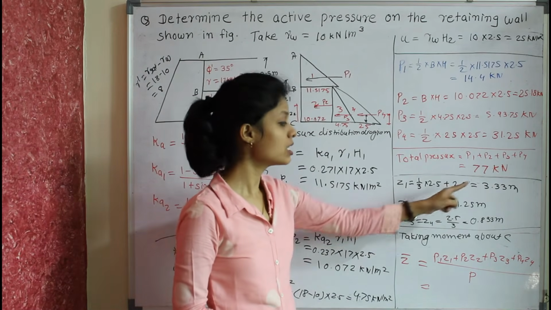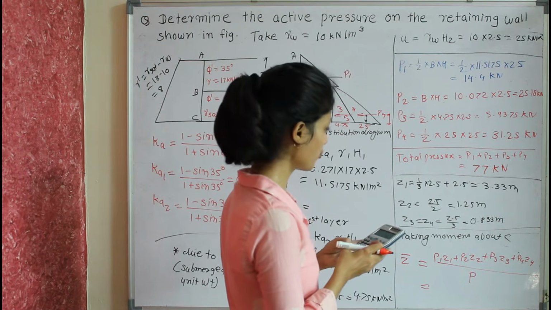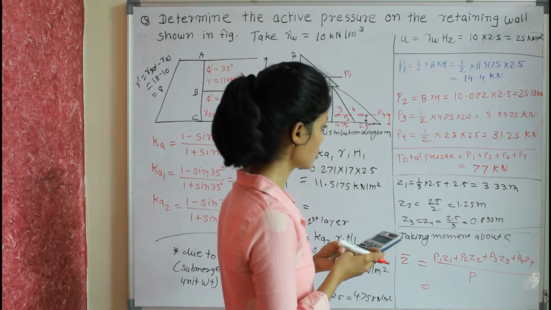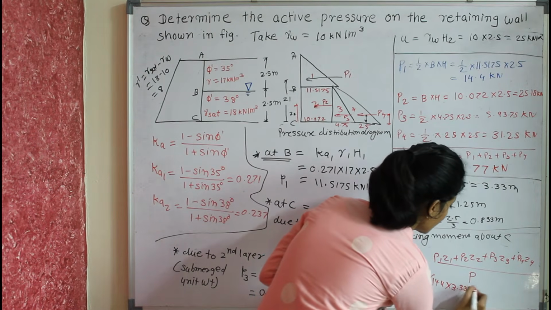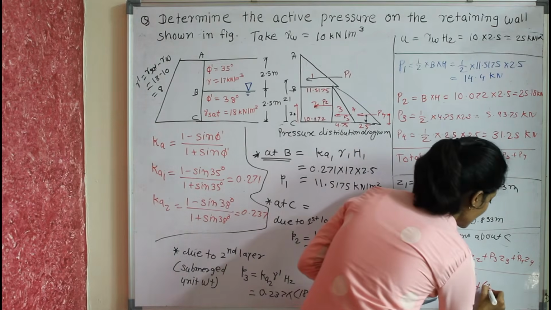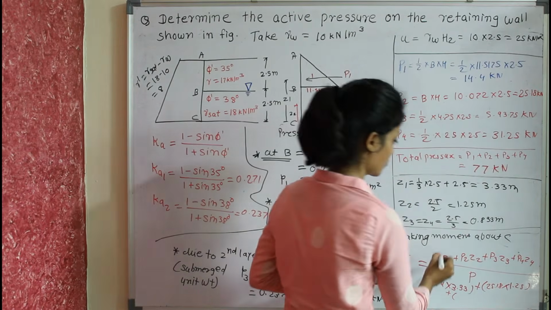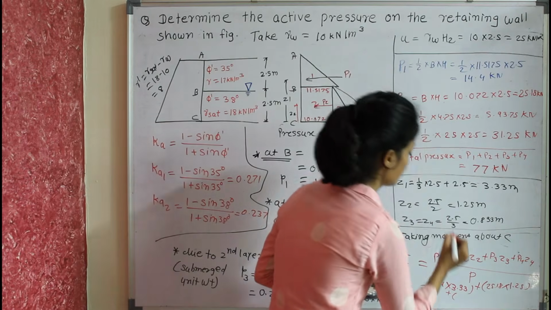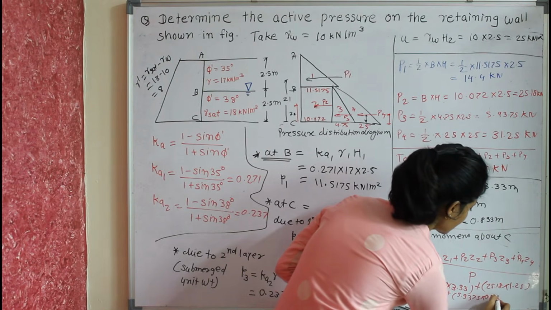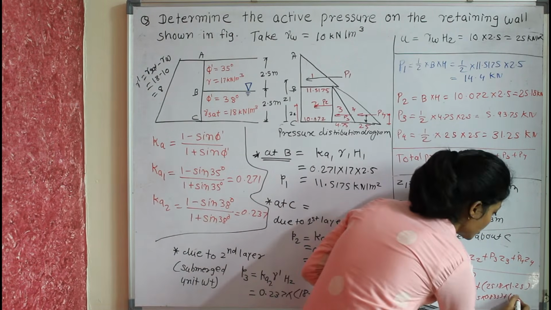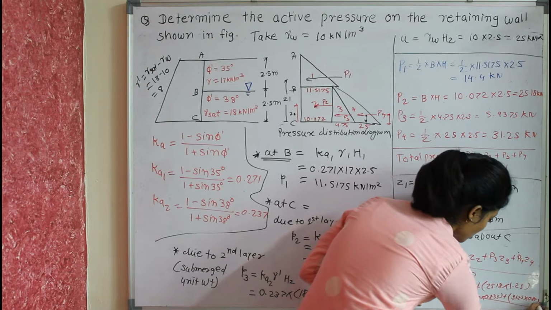P1 is 14.4, Z1 is 3.33; plus P2 25.18 into Z2 1.25; plus P3 5.9375 into Z3 0.833; plus P4 31.25 into Z4 0.833; upon total pressure 77.